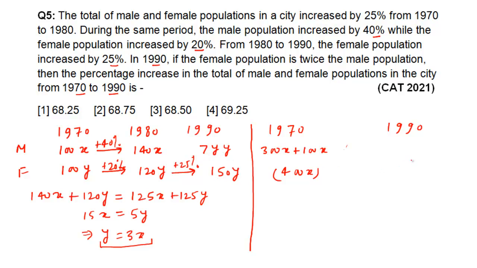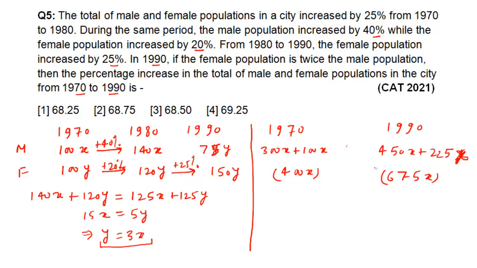And in 1990 this is 150y plus 75y, which is 225y, and that is 3 times of this, so 675x.